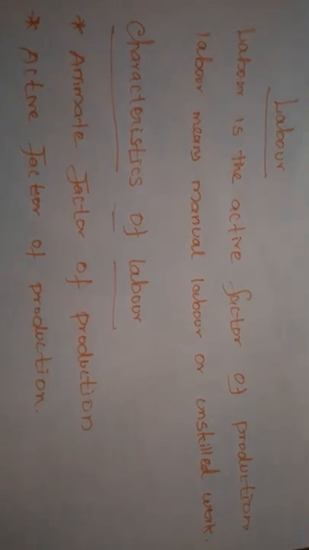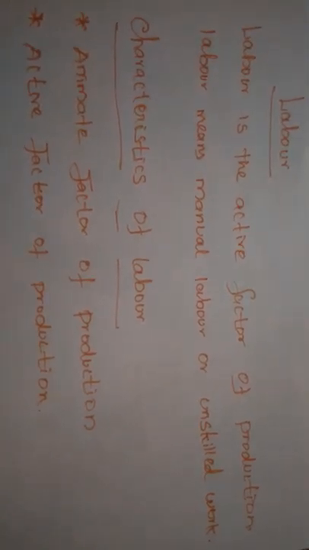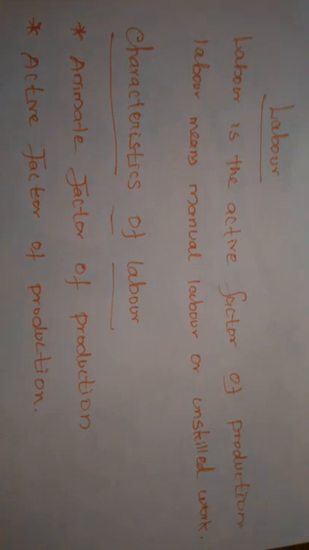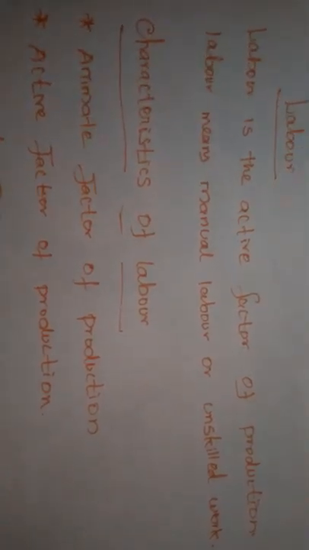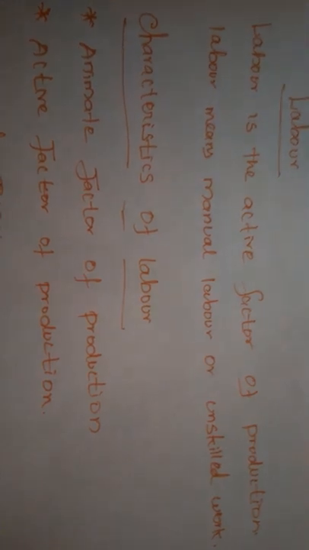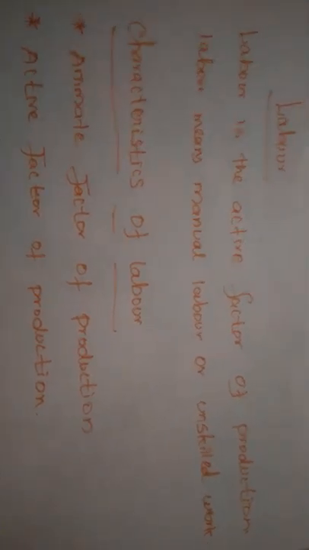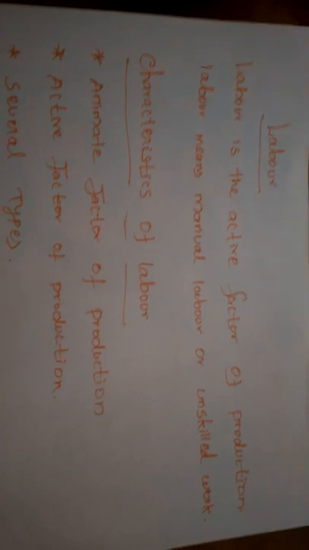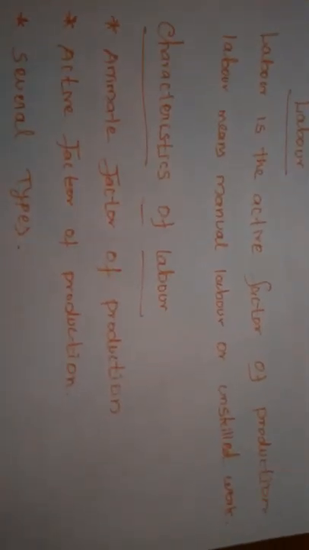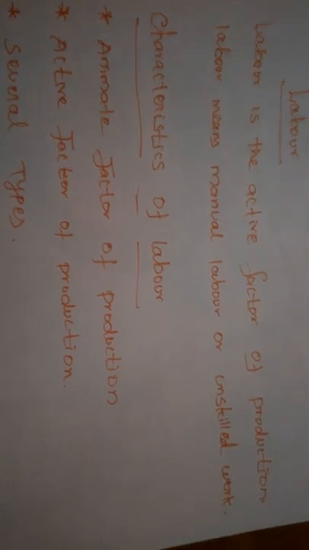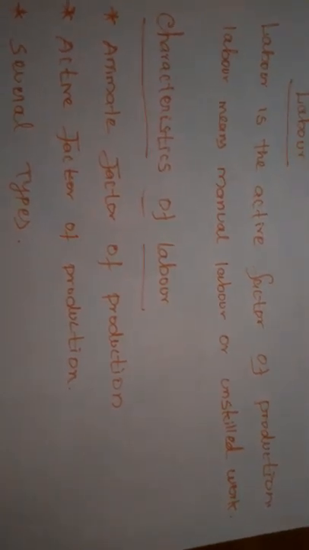The work of a doctor, a teacher or an engineer is intellectual work. In short, labor in economics refers to any type of work performed by a laborer for earning an income. If a man does any work for the purpose of earning income, that is called labor.